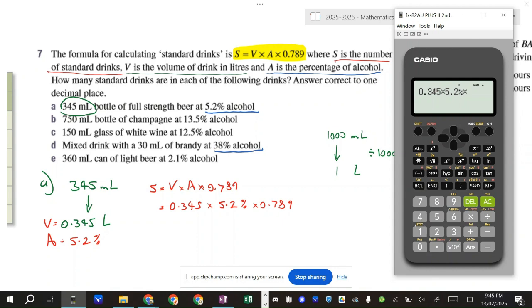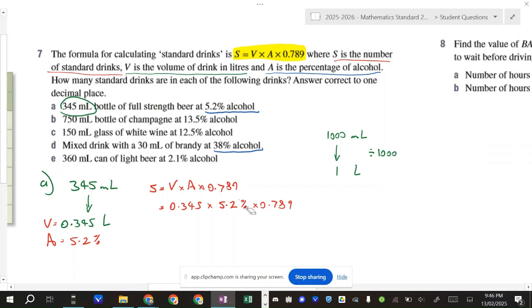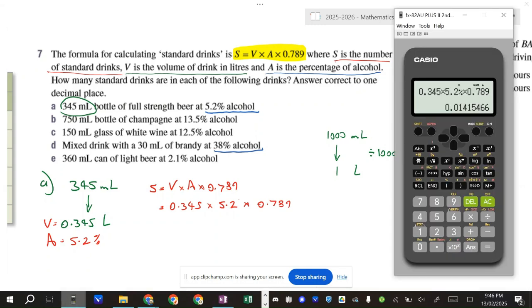And then we're multiplying it by 0.789. And in a couple of seconds, I will know whether it is correct. No. Okay. So what we've got to do is, even though we're putting in the percent, we don't put in the percentage symbol into the calculator. Didn't think we would because it's not normally the case to put it in. But you never know. Sometimes these textbooks, I don't know. So let's go that again.